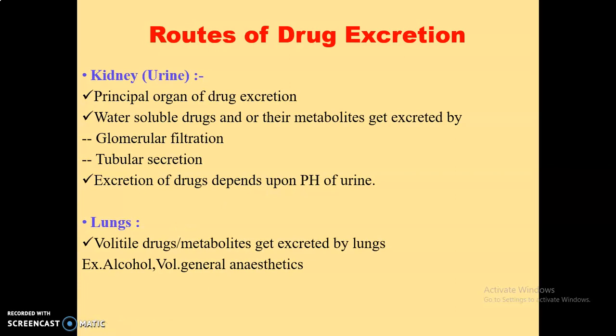Another route of drug excretion is the lung. Generally, volatile drugs, general anesthetics and their metabolites get excreted by the lungs. Examples are alcohol and volatile general anesthetics. Alcohol is excreted by the lung, and we can easily detect its smell in the breath.